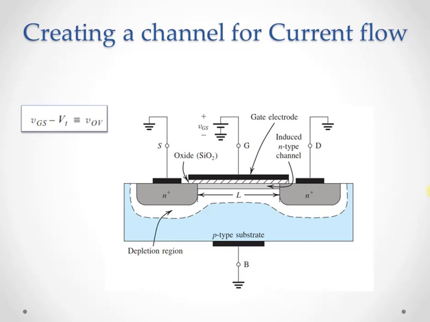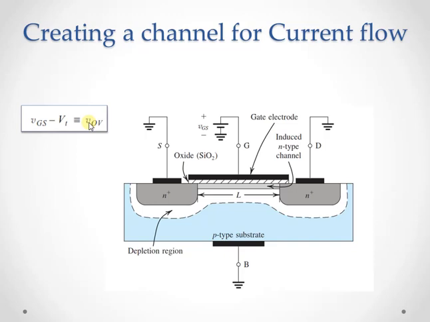The excess of VGS over VT is termed the effective voltage or the overdrive voltage, and this quantity determines the charge in the channel. We denote VGS minus VT to be equal to VOV, where VGS corresponds to the voltage applied to the gate, VT corresponds to the threshold voltage, and VOV corresponds to the overdrive voltage or the effective voltage.